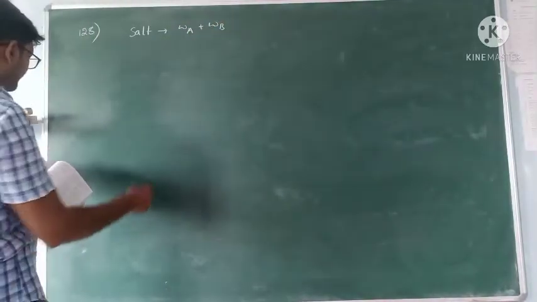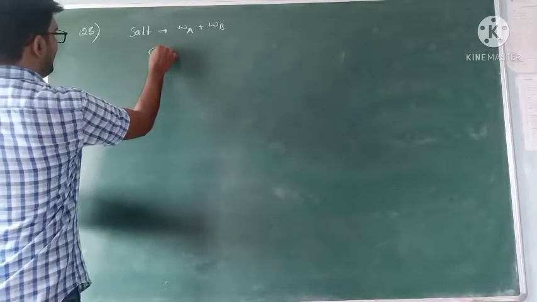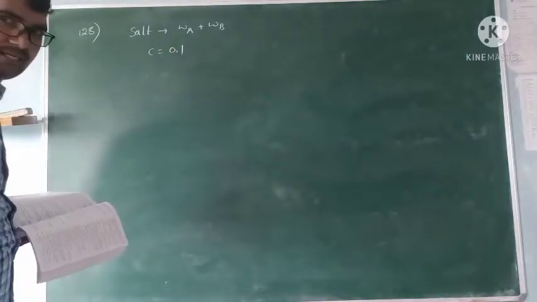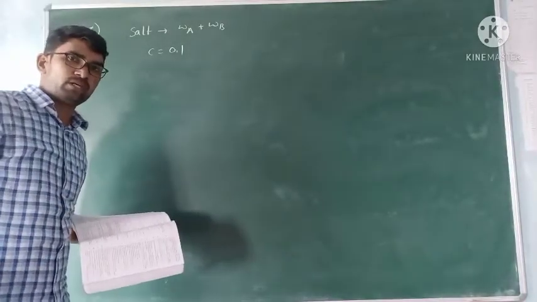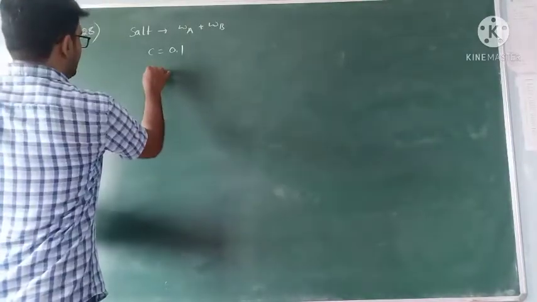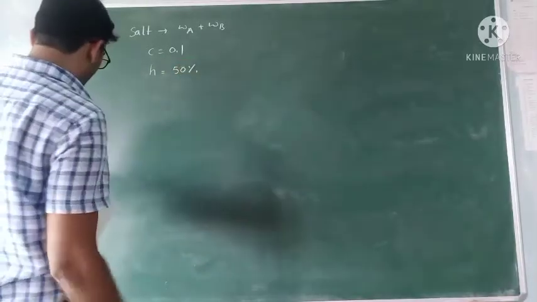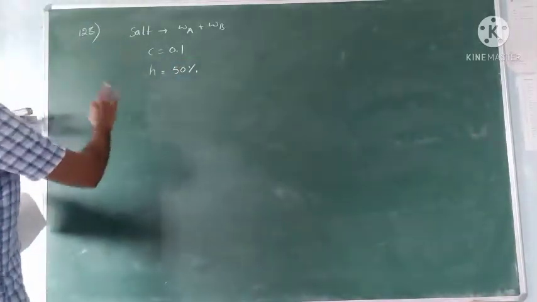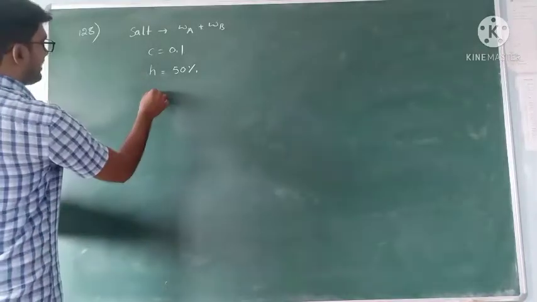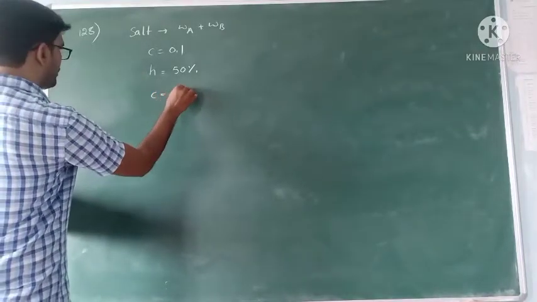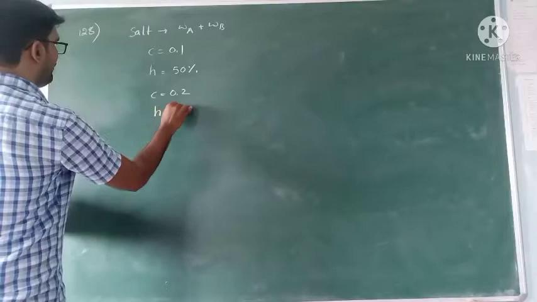And also concentration is given, 0.1. This is a salt hydrolysis problem. Degree of hydrolysis means h. h equal to 50%. For the same salt, if concentration is 0.2, what is the degree of hydrolysis?